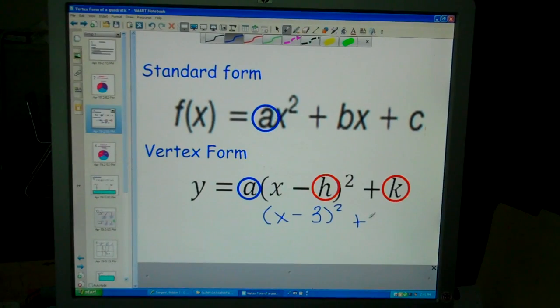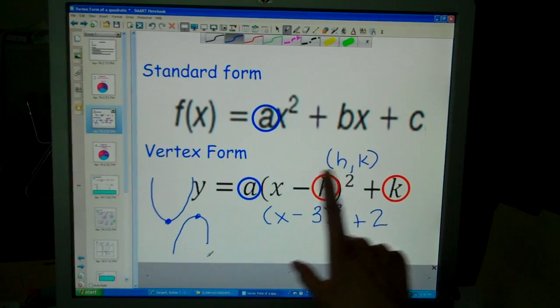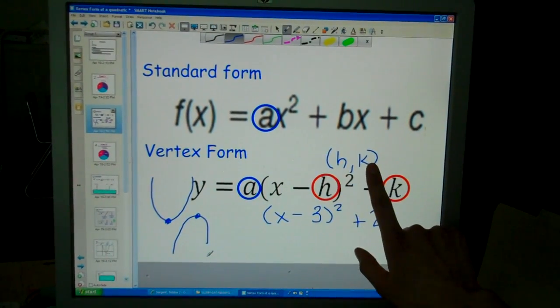Give me a value for k. I'm thinking 2, okay? The vertex is always written as h comma k. That's where the parabola has either its minimum or its maximum.